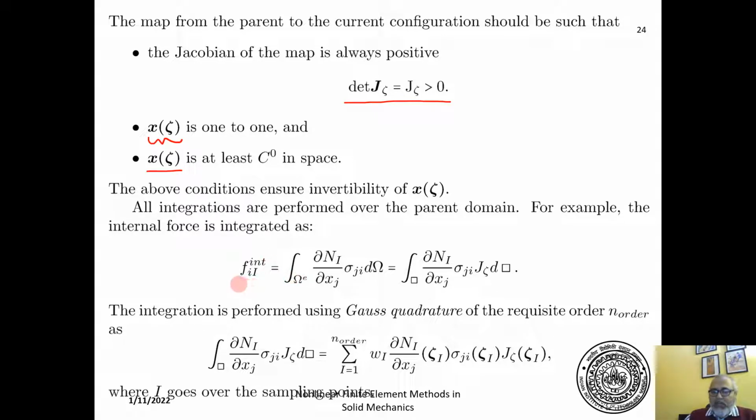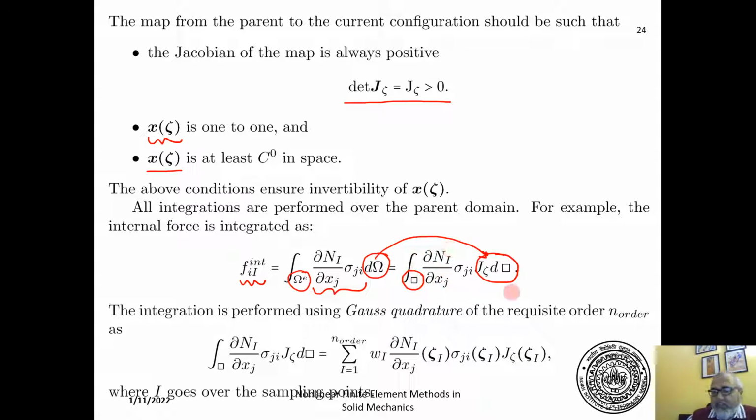So now f internal is, we have already seen this, the integral of del N_i del x_j sigma_ji, and now this integral, which is over the physical space, can be converted to the parent space, provided I replace this by the determinant of J zeta times d zeta, which is the small element in the parent space, and J zeta is the determinant of the bold J zeta, and this effects the coordinate transformation that converts this physical domain into the parent domain.